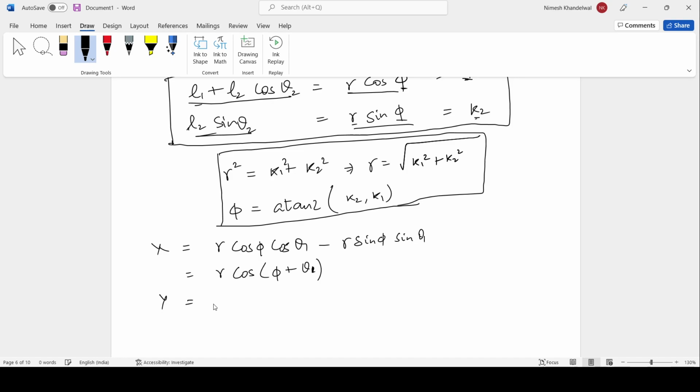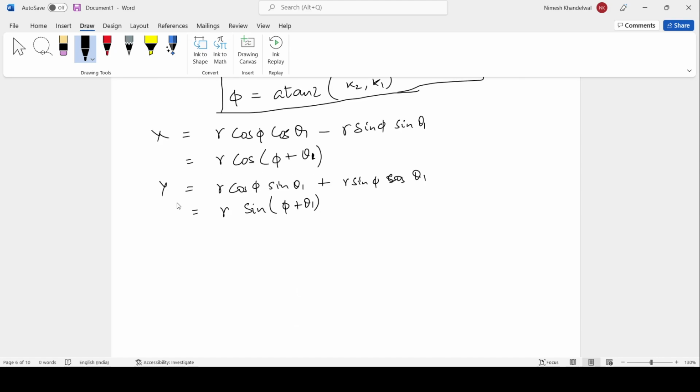Similarly for y, it will be k1, that is r cos phi, sine theta 1 plus k2, that is r sine phi, cos theta 1. If we take r common, it becomes sine of phi plus theta 1, or theta 1 plus phi, whatever you want to call it.